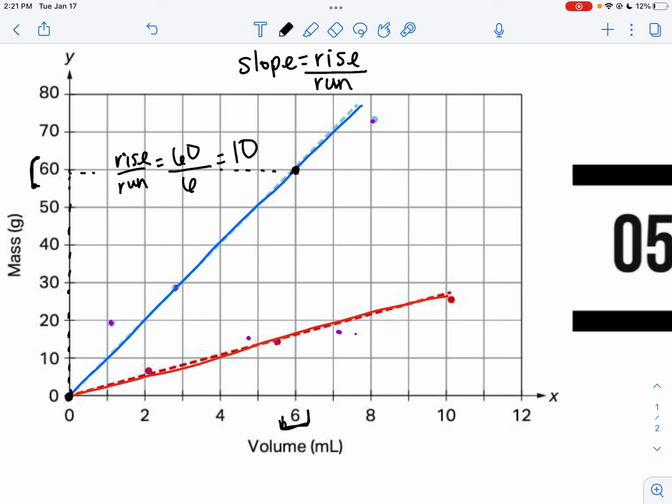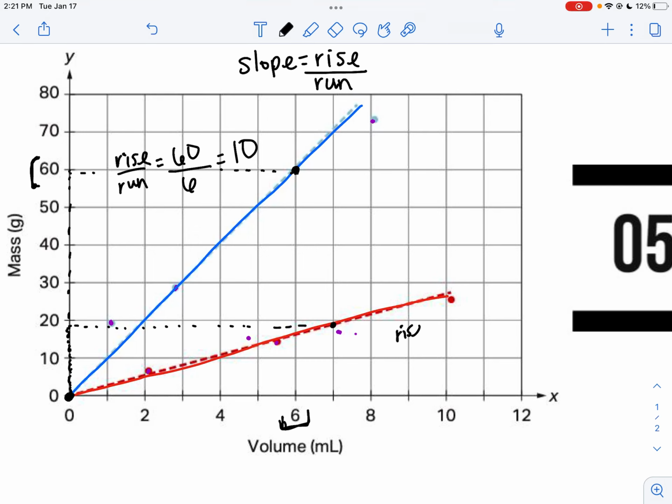If I want to find the slope of this line, again, I'm going to start at 0, 0, and I'm going to try to find... So maybe I could choose this point. It's not quite on that intersection of the two lines, but it's just a little bit under it. So I can guess pretty good, I think. So I'm gonna do my rise, and if I go all the way over, it's just right below the 20.